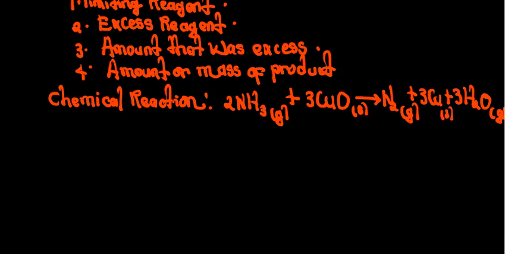So we want to see how we can find the limiting reagent in this chemical reaction, the one that was in excess, and the mass of anything that was formed on the side of the product. Remember that we've been given vital information that we have to use to make it possible to calculate those limiting reagents.